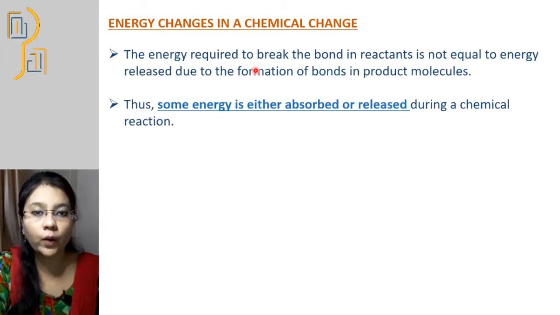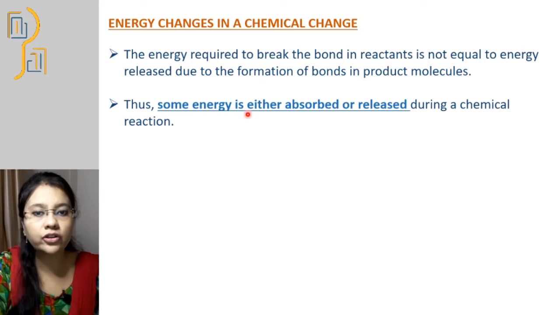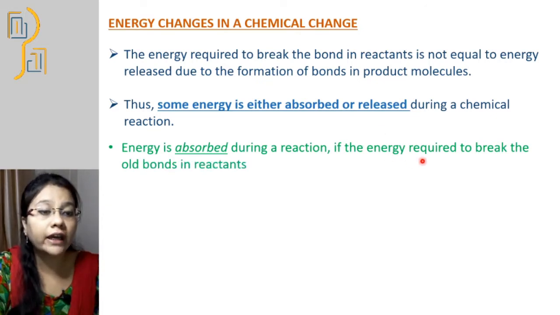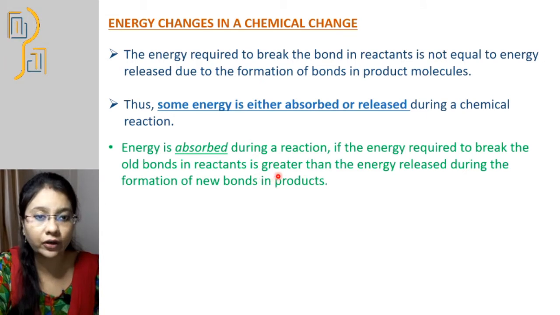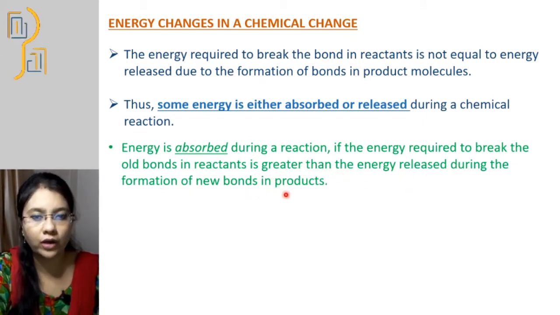The energy required to break the bond in reactants is not equal to energy released due to the formation of bonds in product molecules, and thus some energy is either absorbed or released during a chemical reaction. Basically, energy is absorbed during a reaction if the energy required to break the old bonds in reactants is greater than the energy released during the formation of new bonds in products.